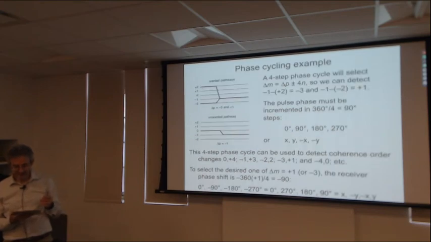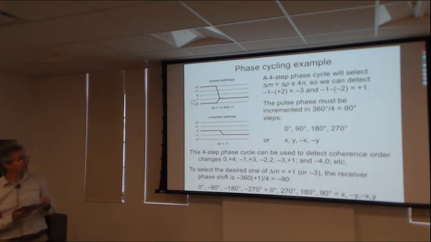And that's basically the only rule here, is if we want to pick out +2 and distinguish it from +1, 0, and -1, a 4-step phase cycle will do, but we'll also detect -2 as well, and +6 and -6.